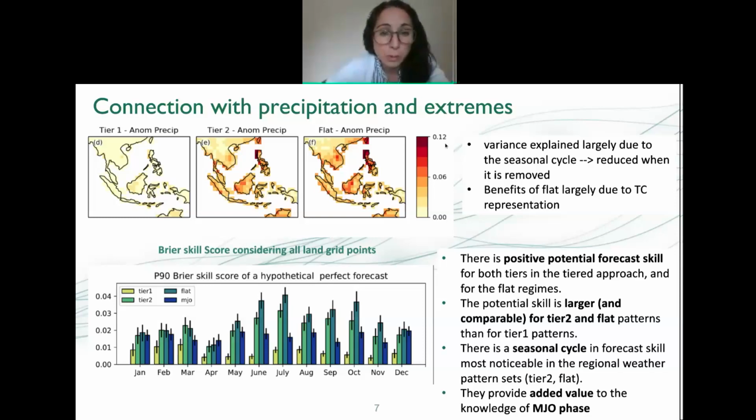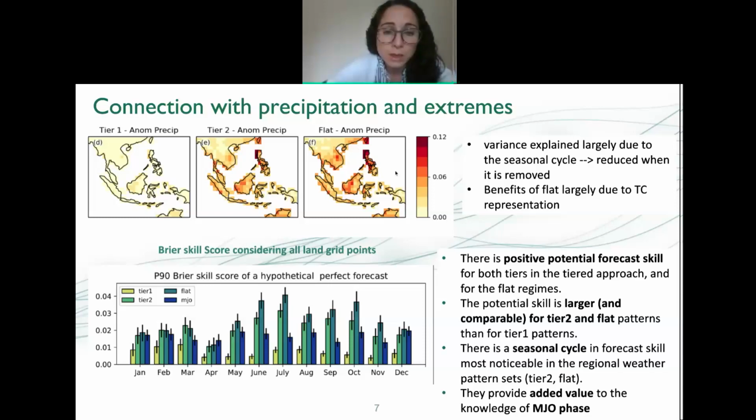And the only places where we see that the flat approach somewhat outperforms the tier 2 is around the region where we have most of the influence from tropical cyclones, or around the Philippines mainly.